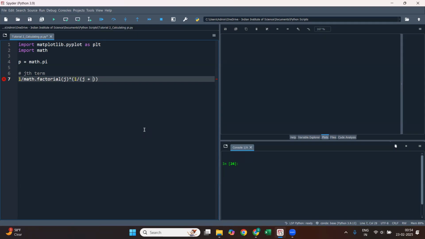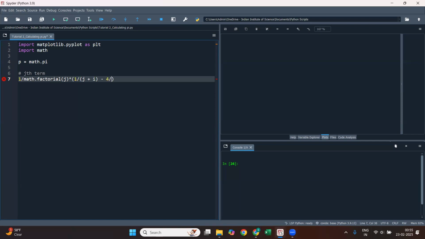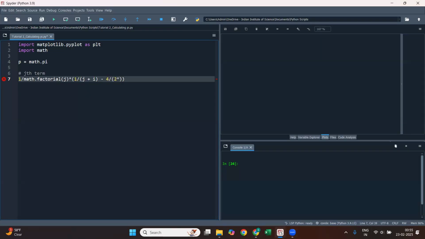We'll just say it can be anything from 10 to 100 as we saw in the paper. So let's just say it's some i. We'll assign this value of i to lambda, right? And minus 4 upon 2j plus 1, because this is the jth term. So 4 upon 2j plus 1. So this is the first bracket.